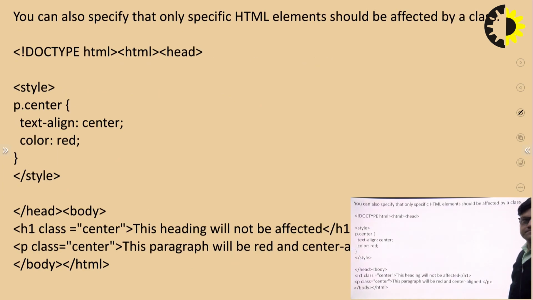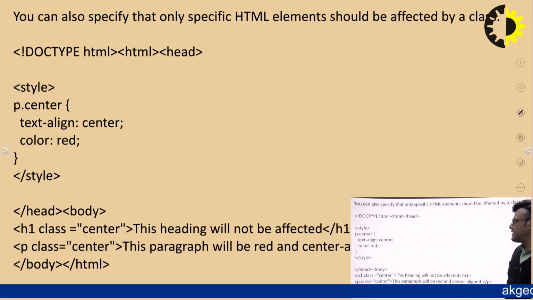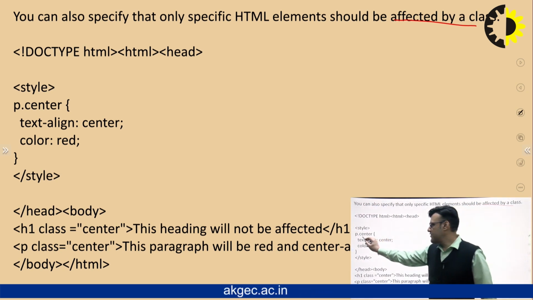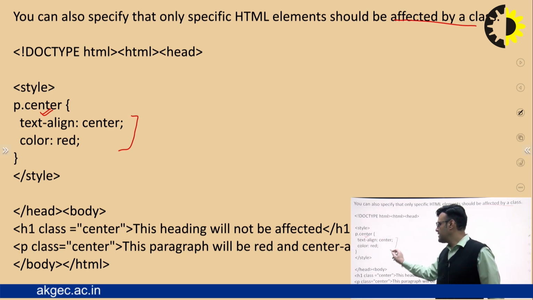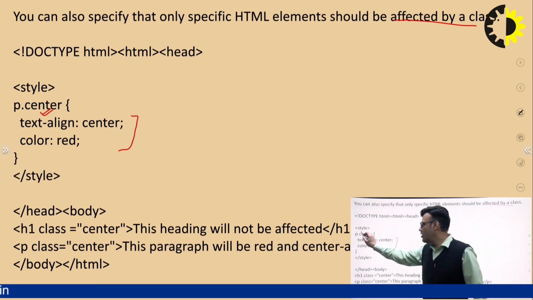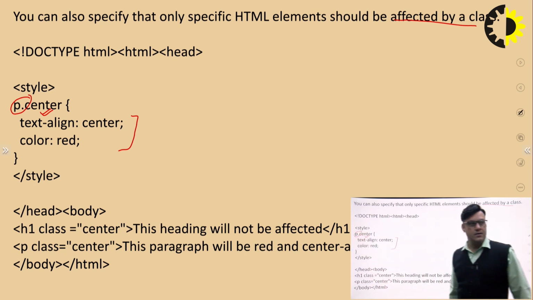So, we can also specify that only a specific HTML element should be affected by a class, only a specific element. For the specific element, I have used here that this class's properties will be reflected only in this paragraph element, okay?